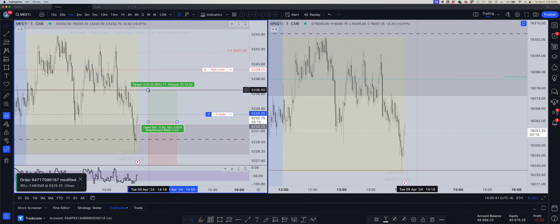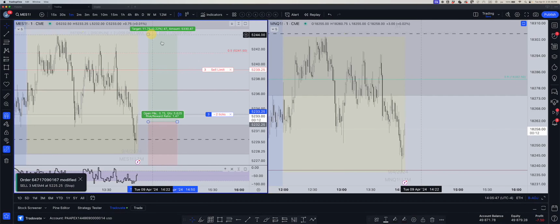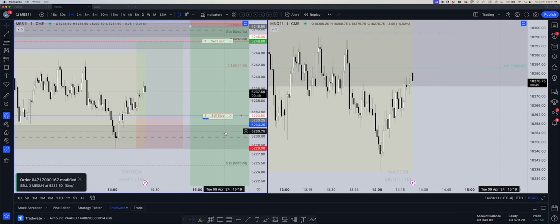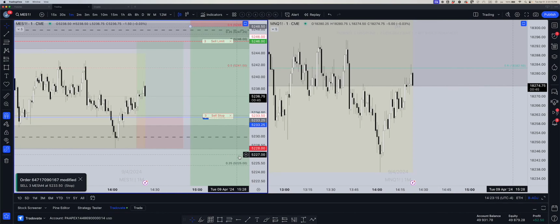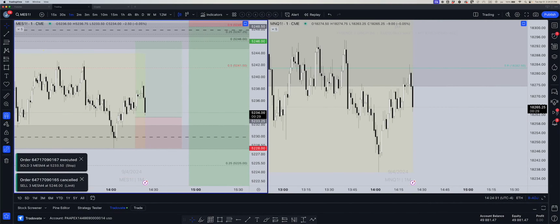Picking 3 contracts up. Price broke that high. I'm going to move my stop loss. I'm not taking a loss on this trade. Wow. Took profits there.